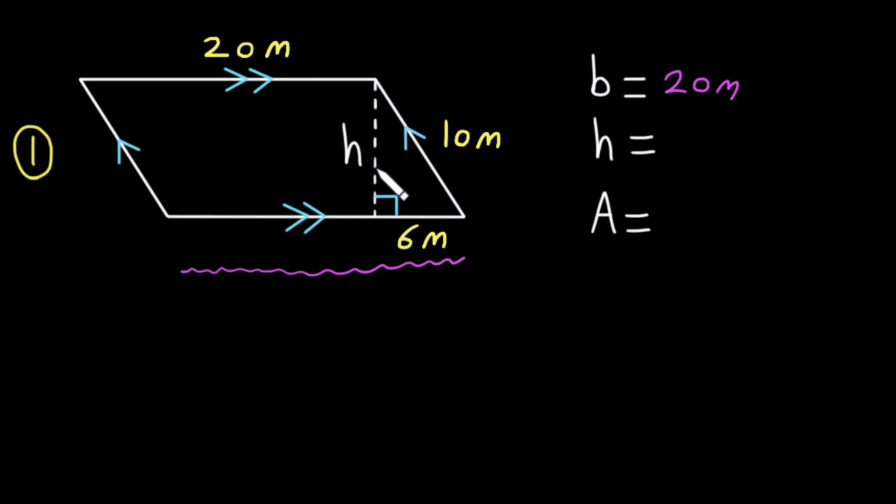To find this h, we can say h square plus this square, 6 square, equals 10 square.